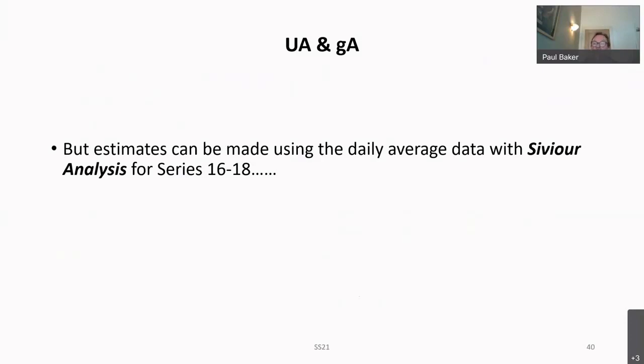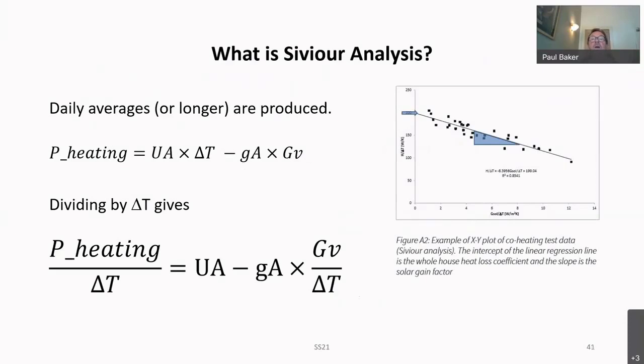And this is something that is applied, for example, for co-heating tests of real buildings where a constant set point is applied within a building, and you collect about 2 weeks of data, and you measure the internal and external temperatures, the heating power, and the solar radiation.